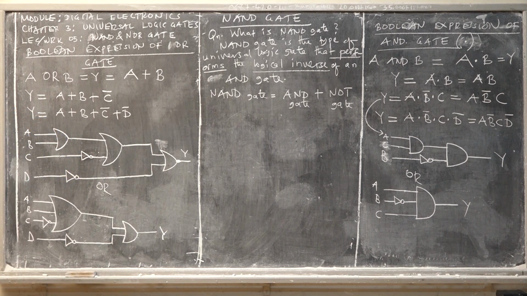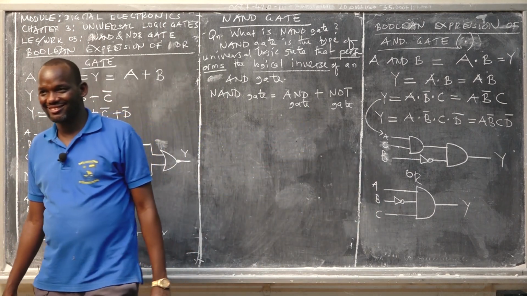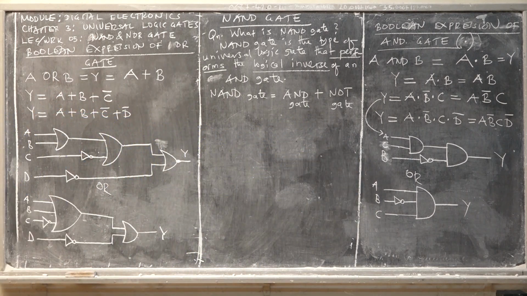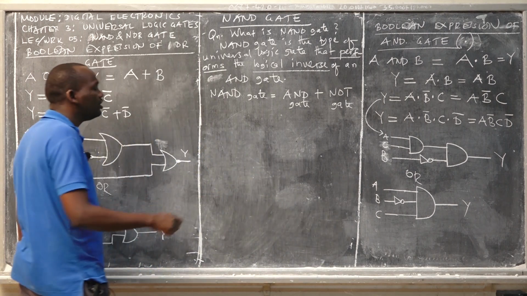NAND gate is equal to what? This is not the end now. This is plus. Because for you, you have claimed plus is OR gate. So NAND gate simply does inversion of the AND gate.